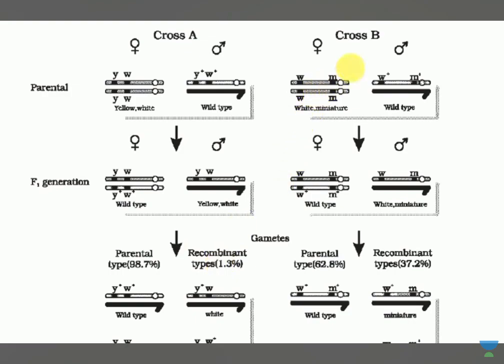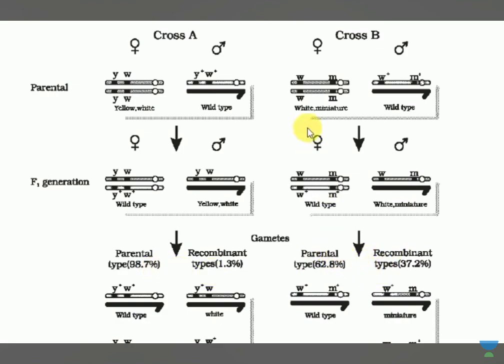In the second case there is a little bit low linkage क्योंकि the genes are present quite far from each other. That's why in F1 generation the parental type individuals are 62.8, which is quite less as compared to this one. So we can conclude that Y and W are more linked as compared to W and M. Okay, so there will be more recombination in W and M as compared to Y and W. So here the recombinant type individuals are more as compared to the first cross.